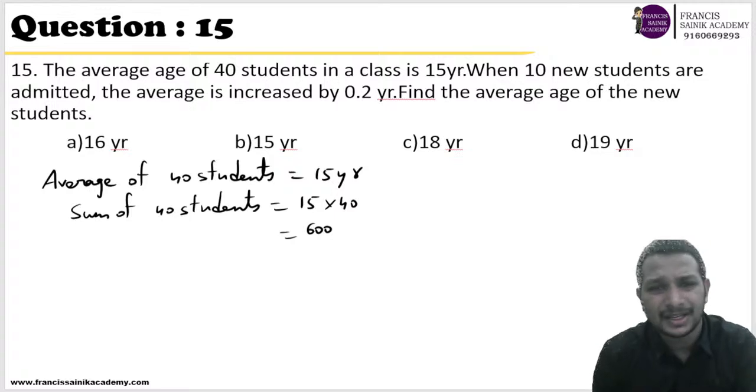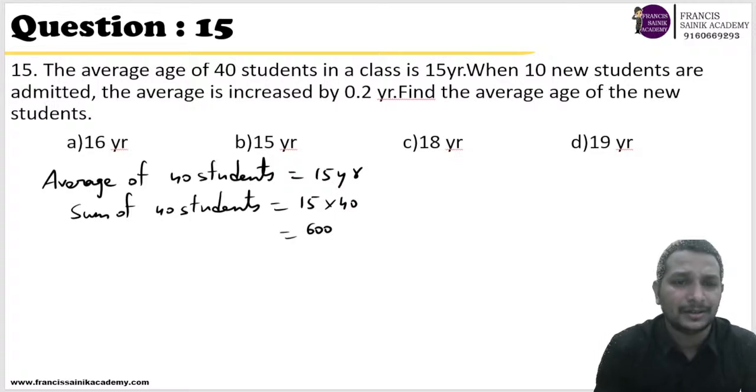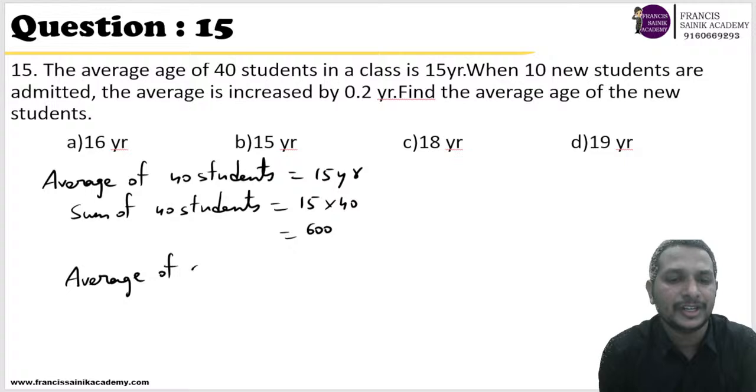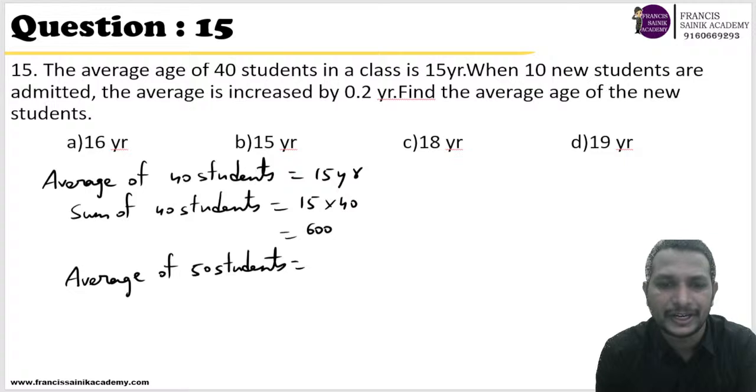When 10 students are admitted, that means 10 students joined, the average increased by 0.2 year. So there are 50 students now. The average increased by 0.2 from the initial 10 years, so it is 10.2 years.